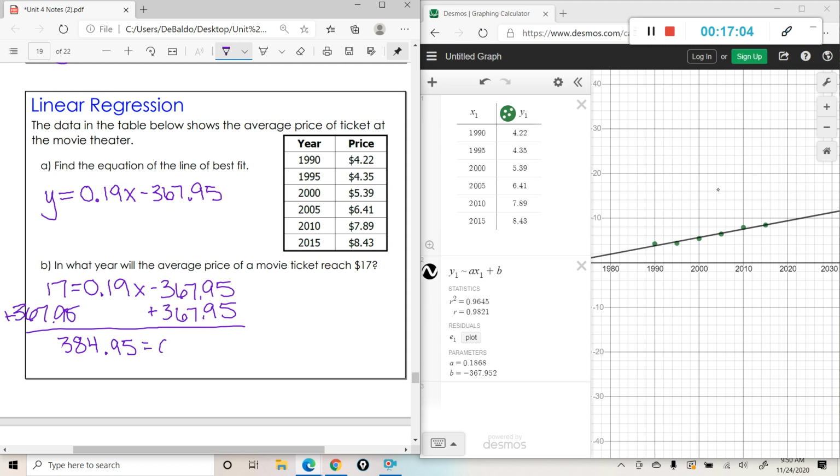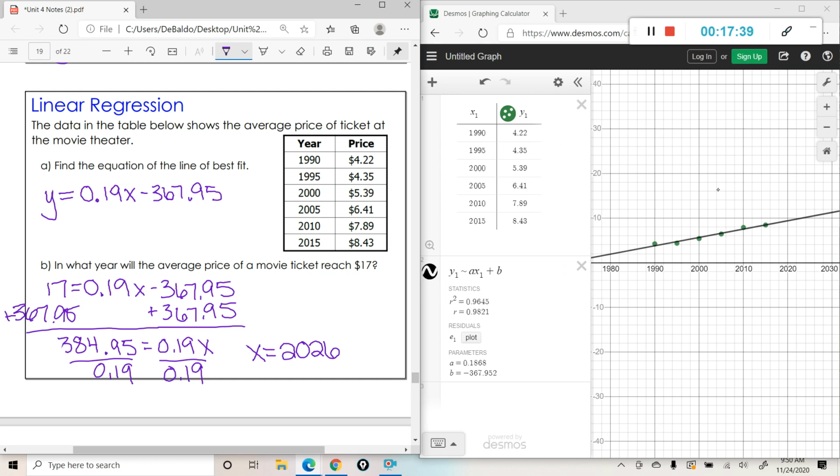And that's going to be equal to 0.19x, and I'm going to divide both sides by 0.19. All right, and it looks like my answer here will be x is equal to 2026, because I see that it's 0.05, and we'll just round that down to 2026.